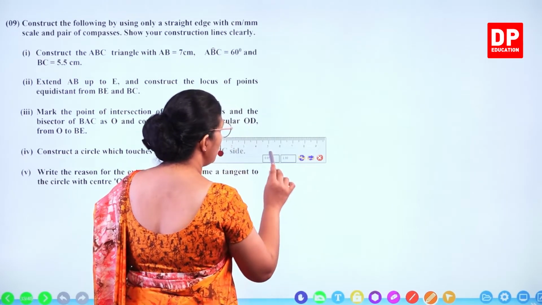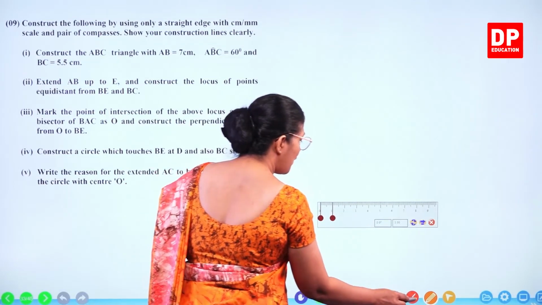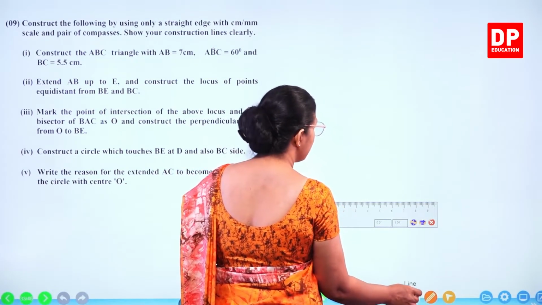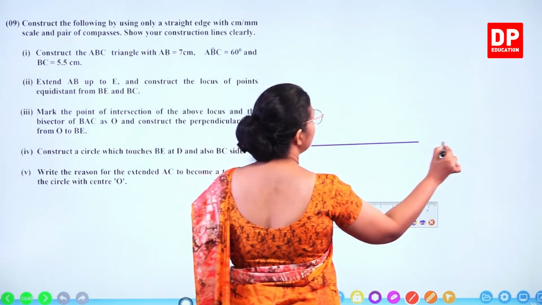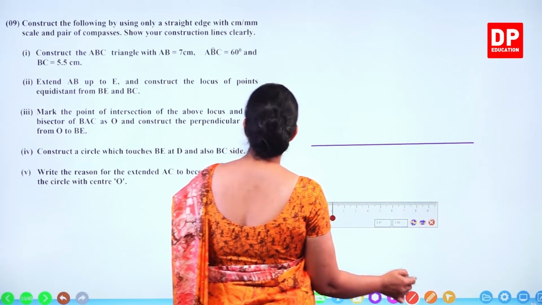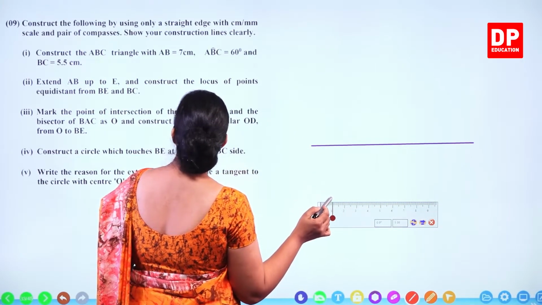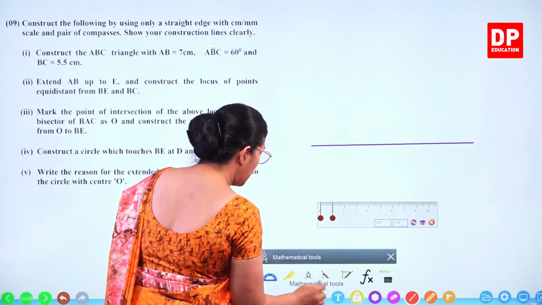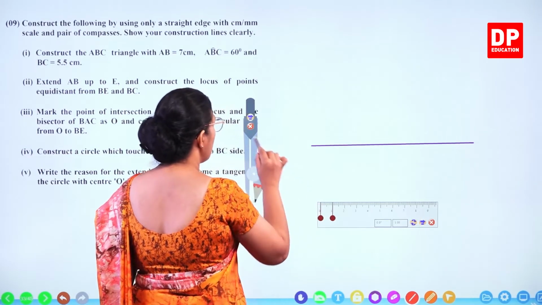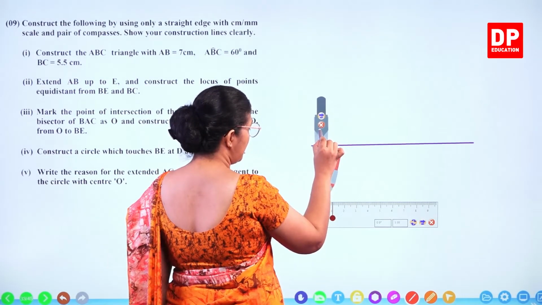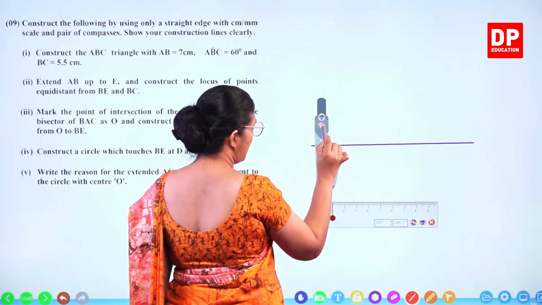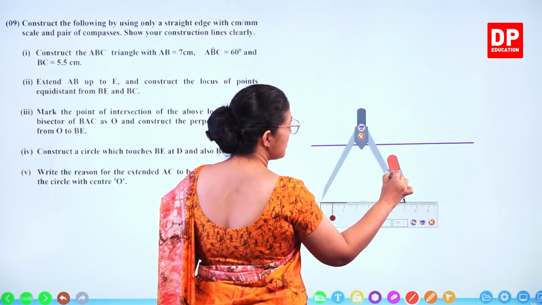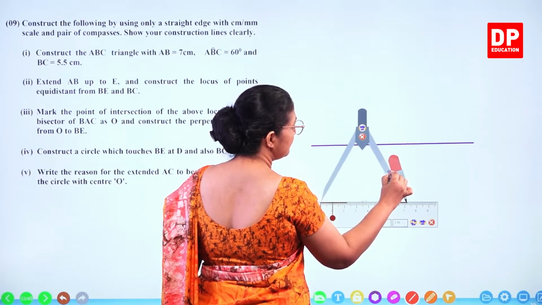You take the ruler and you can first draw a line segment. And then you have to measure 7 centimeters. So we can use the compass for that and measure 7 centimeters.